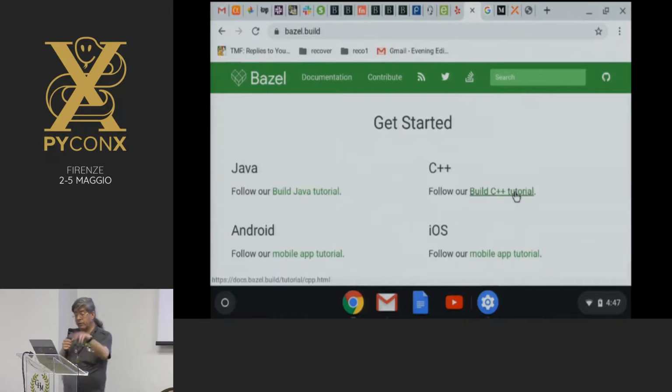So don't be afraid by the fact that only Java and C++ are on the front page. Python is perfectly well supported too. Essentially, summarizing, with the Bazel/Blaze approach, you explicitly state exactly what your dependencies are in a file called BUILD.